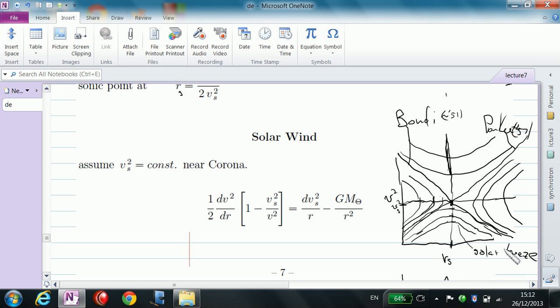Anytime you have subsonic flow everywhere, it means that every part of the flow can communicate with every other part, because the communication takes place at the sound velocity. And in that case, it's not enough to fill the initial boundaries. You also have to make sure you respect the final boundaries. So if it's not a solution because of the boundary conditions, then tough.